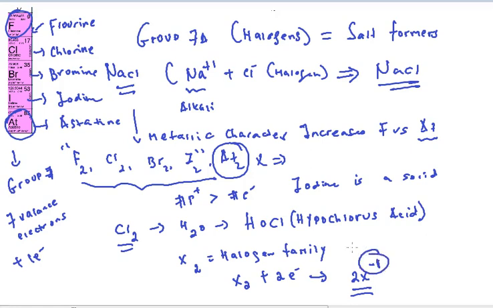That's the reason that when they react, they form a -1 charge. Chlorine has a -1 charge, so does fluorine, so does bromine, so does iodine. All group 7 elements, when they interact with other groups, form a charge of -1, which means they gain 1 electron to achieve an octet, to be stable.